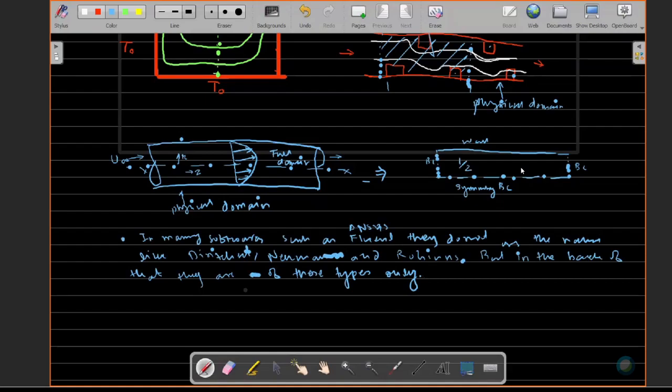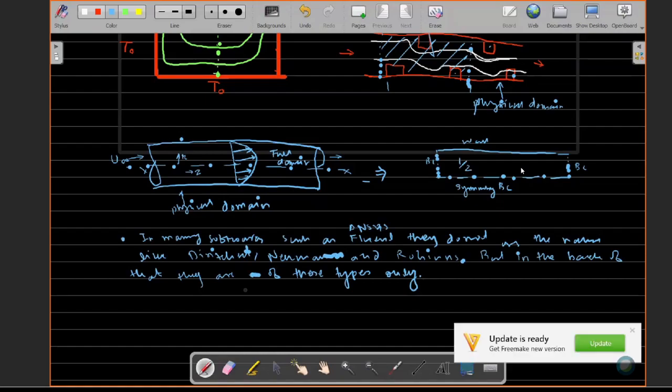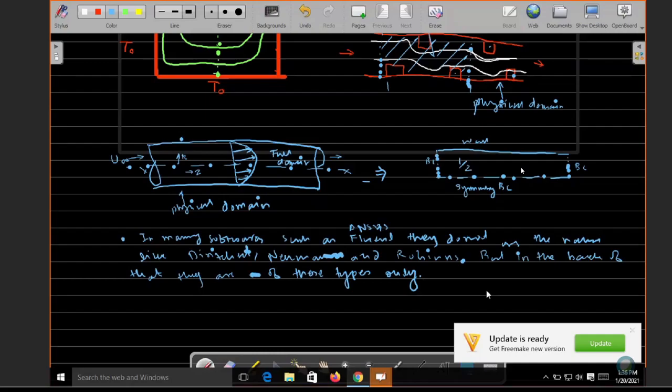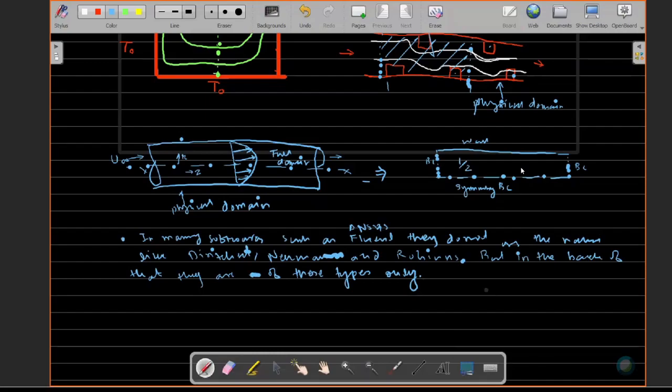So whenever some people ask you in your interviews about boundary conditions, don't be specific about any software. Try to speak in generalized terms, and then you can explain what it means by symmetry, what it means by outlet, what is the outflow boundary condition, and what it means by cyclic boundary conditions.